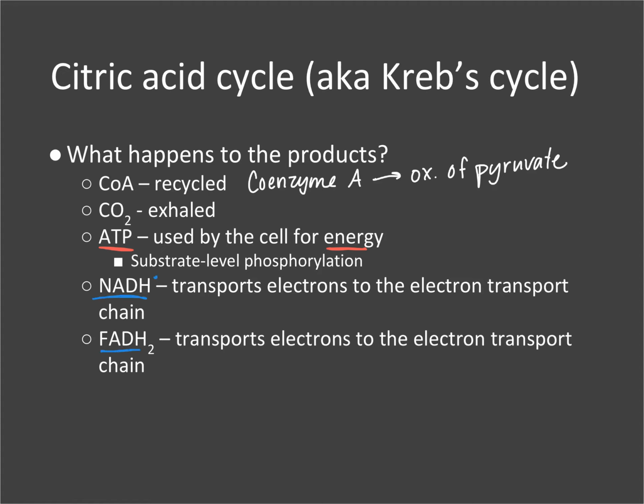Remember that both of these picked up electrons, and they are known as electron carriers, and they're going to carry or transport those electrons to the electron transport chain. And what's ultimately going to happen is that transferring these electrons to the electron transport chain is ultimately going to allow these molecules to help the cell make a lot more ATP.